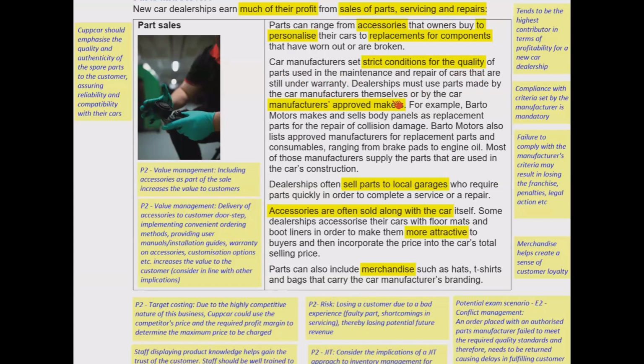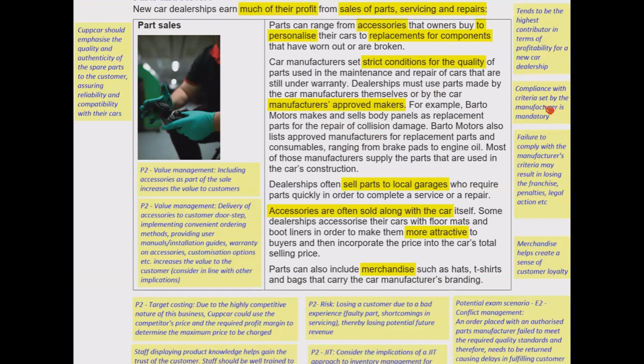So if we are doing warranty work on a new car that is within its warranty period, the manufacturer will only allow the dealer to use approved parts. Those approved parts come from the manufacturer themselves, or from companies that are authorized by the manufacturer. So what that does mean is, again, compliance with the manufacturer's requirements. The dealership must be very careful to use those approved parts.